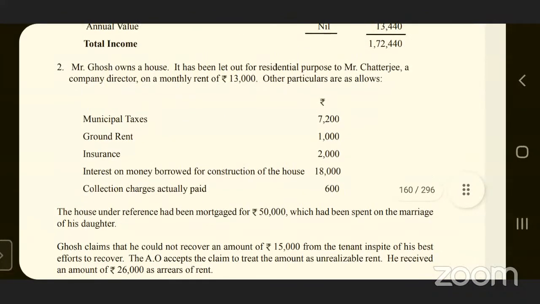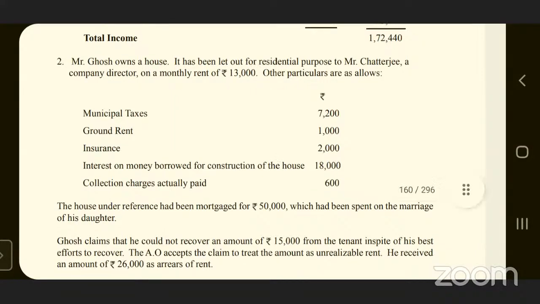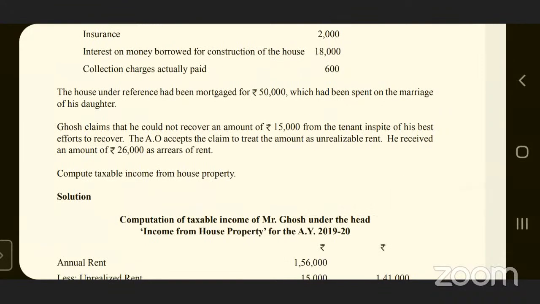Here it is clearly mentioned as municipal taxes 7,200. As I told, ground rent and insurance will not come under the computation of income from house property. We are not bothered with insurance because a flat 30% deduction is admissible under section 24.